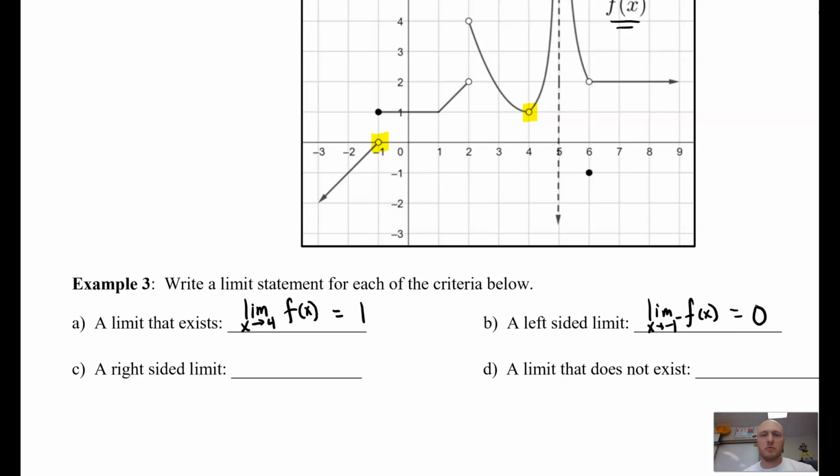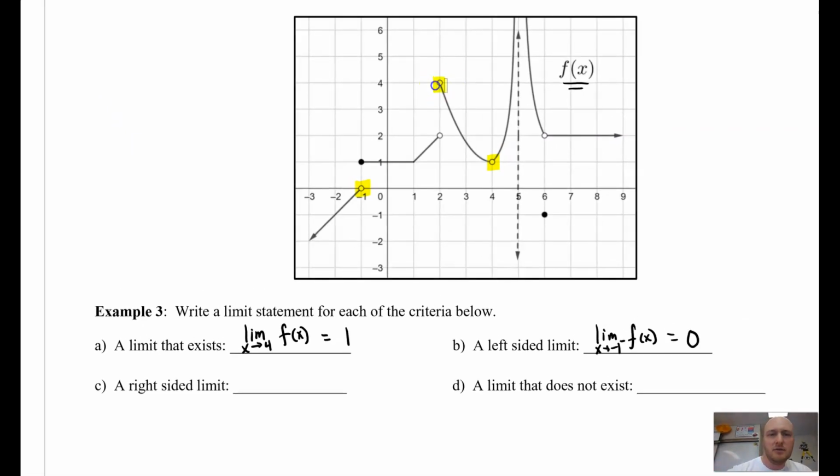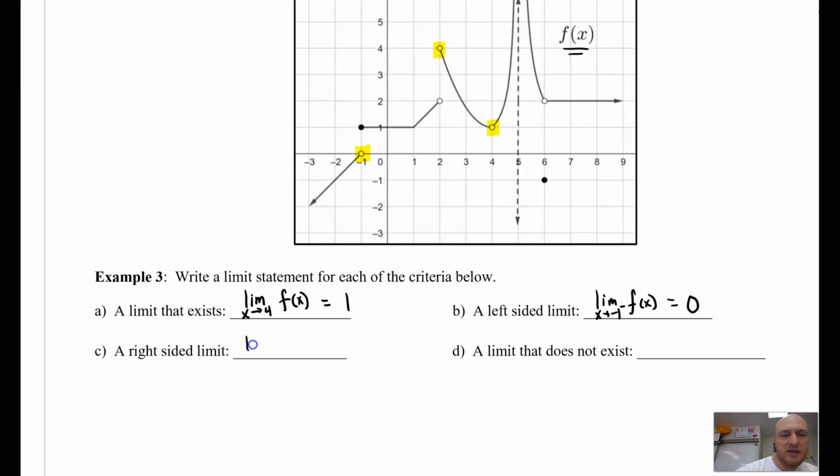All right, how about from the right? It would be too easy to pick the same point. I'm going to go ahead and let's do up here at 2. Okay, so the limit as x approaches, let's say 2, of f of x. I flipped that order.